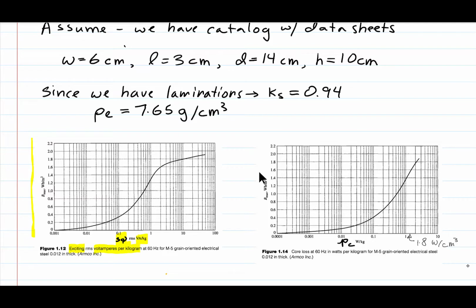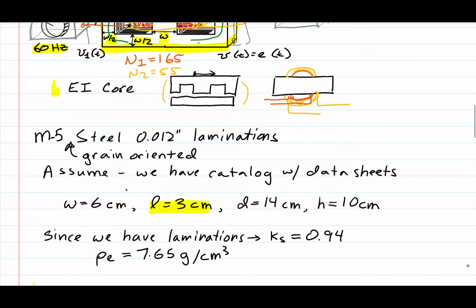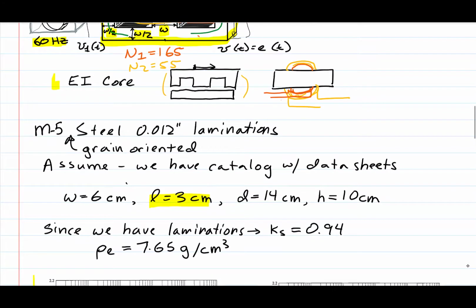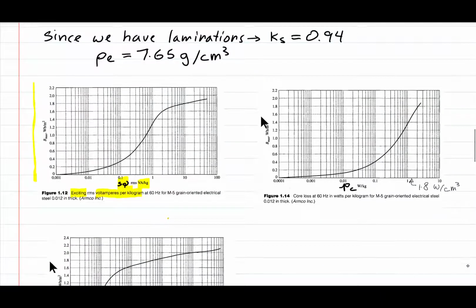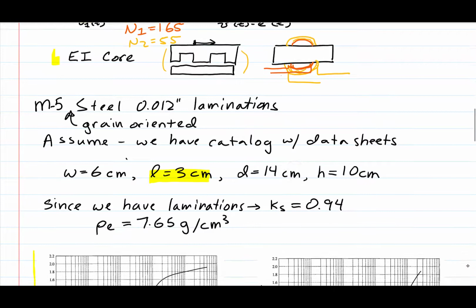Often when someone designs a transformer, the one variable that they can change is the length. If they want to put more flux into the core, they might just make the core longer. But the laminations that we've picked here are fixed in size, so the length is just how many of them we are pressing and stacking up together. Hence, we typically refer to the length in a laminated core as a stack length.